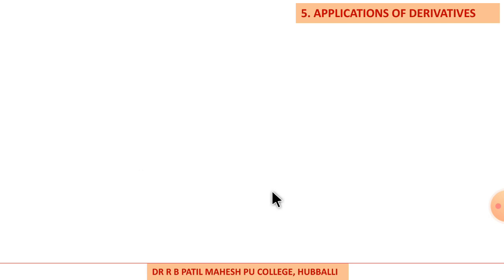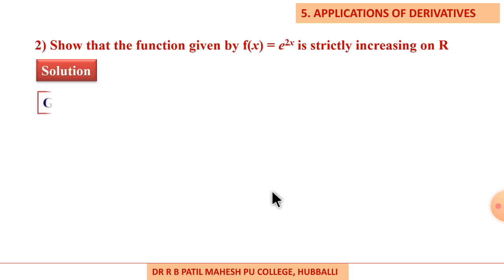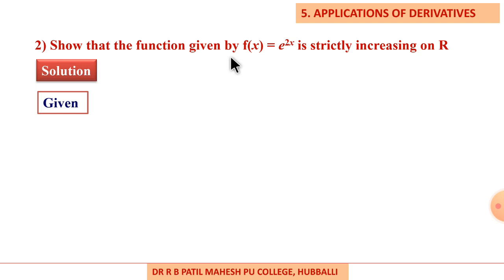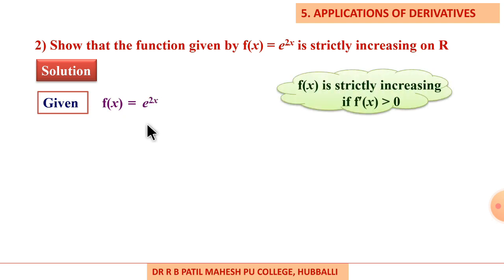Now similarly, in the next example, example number 2: show that the function given by f of x equal to e raised to 2x is strictly increasing on R. So first write down the given term, f of x equal to e raised to 2x.